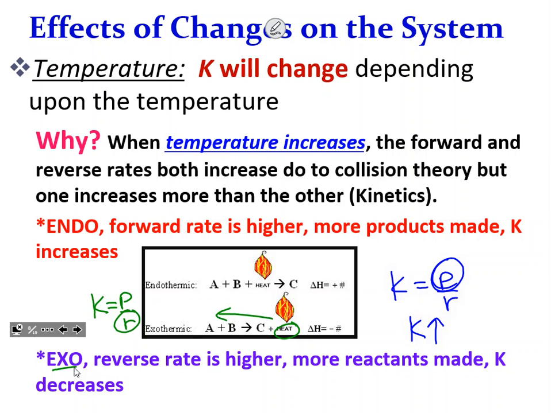That means this denominator now gets larger. The reactants are now larger, so K is going to decrease. So keep that K equals P over R in your head. It's a really good way to kind of think about the ratio real quickly. So exothermic, reverse rate is higher, more reactants made, K is going to decrease.